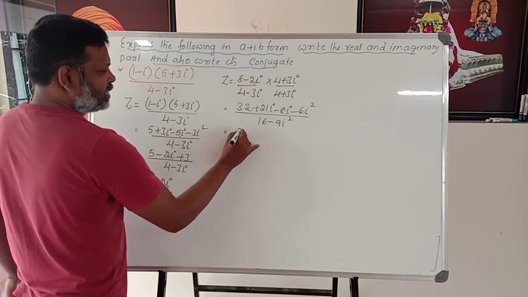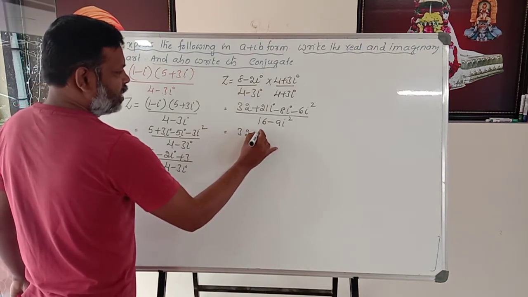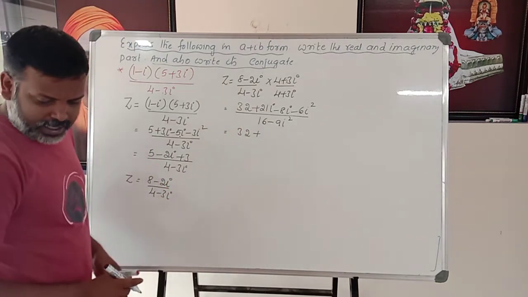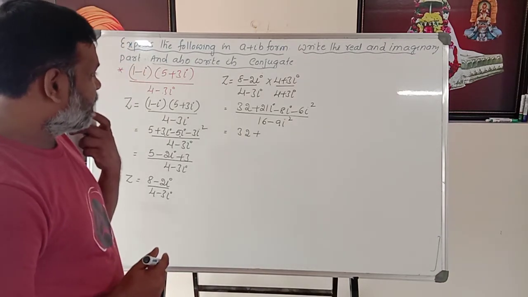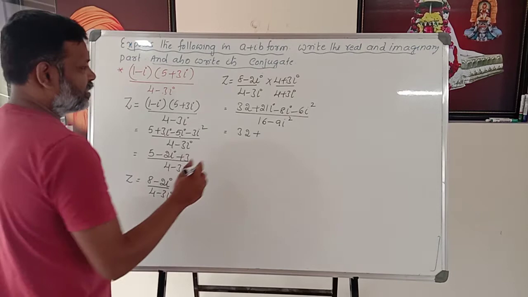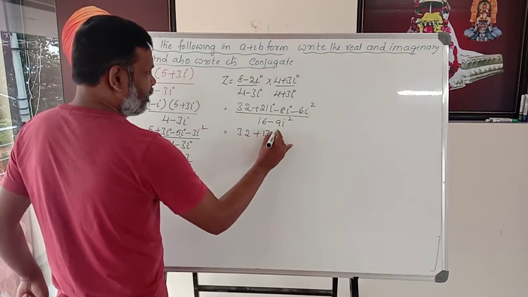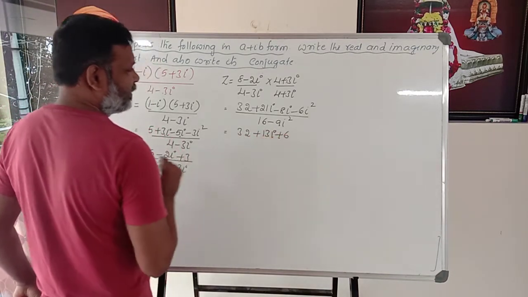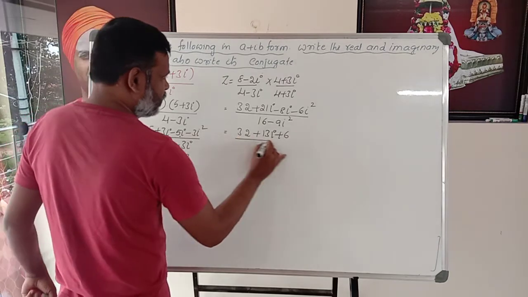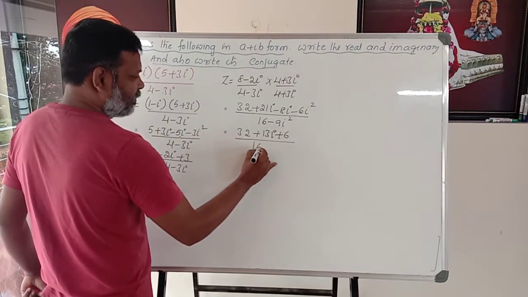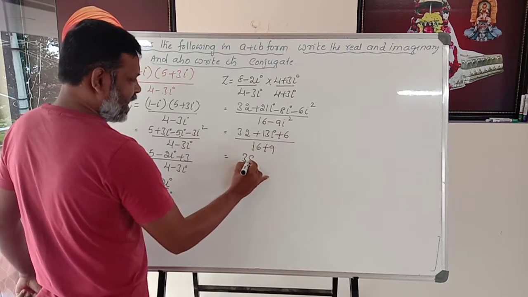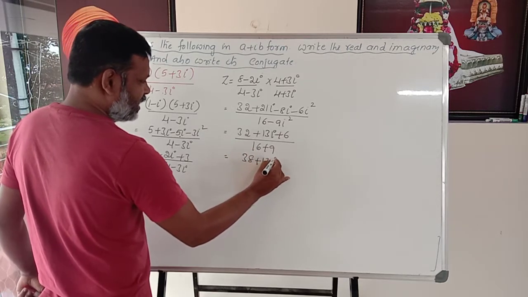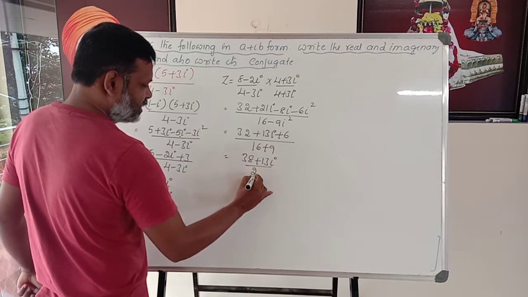That is equal to 32, 24i minus 8i, which is 16i, plus 6. So 32 plus 6 is 38, plus 16i, divided by 16 plus 9 is 25.